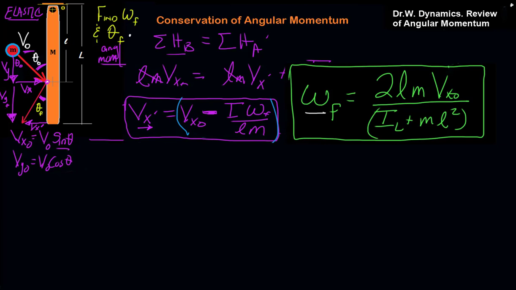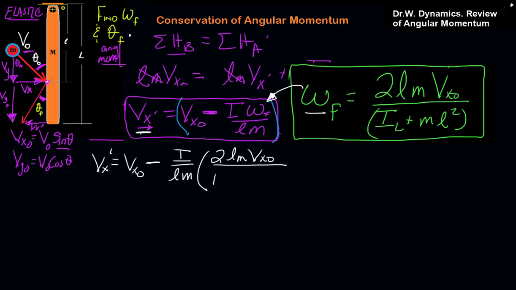That gives us our answer for omega final, which we can now plug into here and solve for Vx prime, which we can then use to find theta final. So Vx prime will be Vx0 minus I over Lm times all of this: 2LmVx0 over I plus ml².